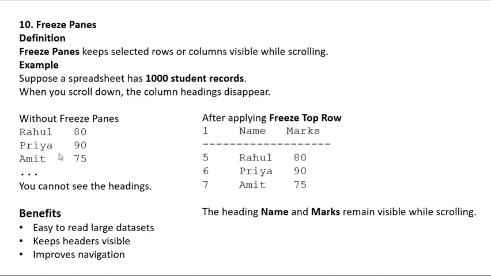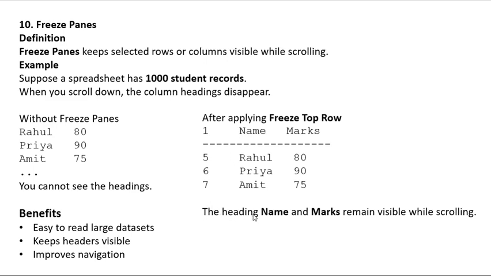You cannot see the headings, but after applying freeze panes, select the first row, choose freeze top row, and the first row does not scroll while the other rows scroll on the page.